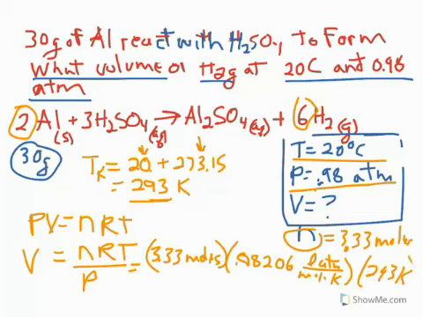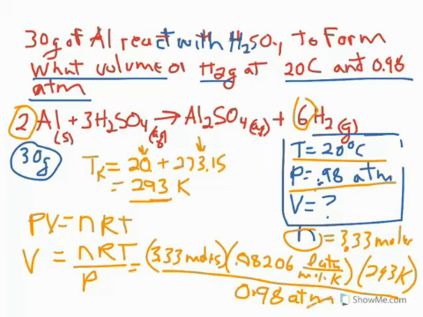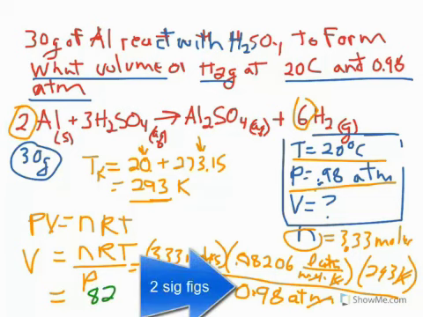Wow, this is tight. Divided by the pressure, which is 0.98 atmospheres. My atmospheres go, my moles go, my Kelvins go, and I have liters, which gives us, I'm going to put it in green down here at the very bottom, I get 82 liters, and I'm done.